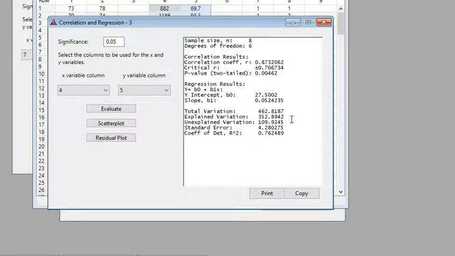The part that is explained by the regression is how far away your predicted values are from the mean. And then there's the unexplained, the difference between your observed value and your predicted value.